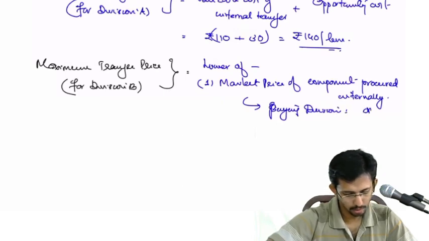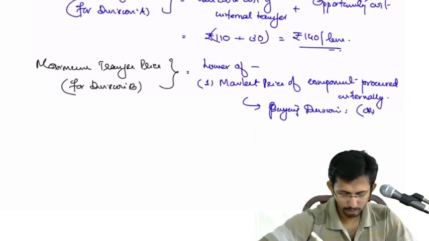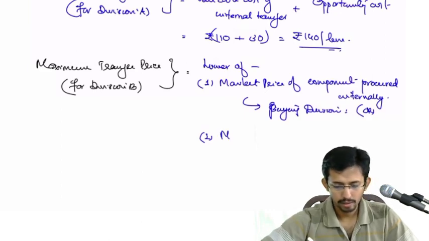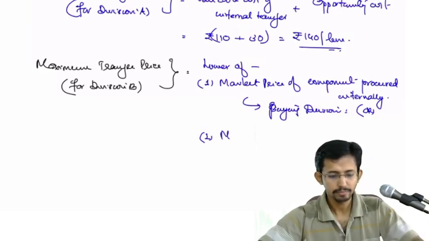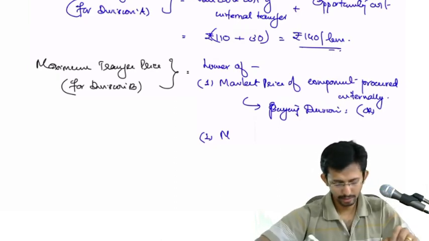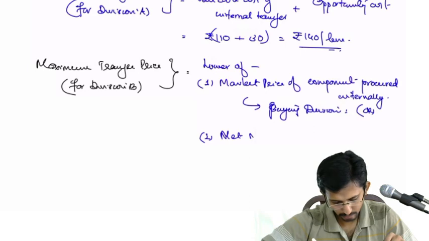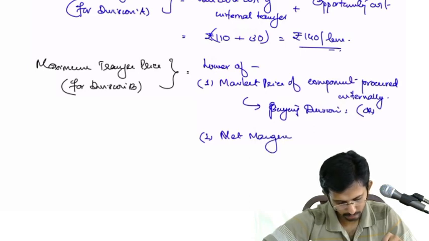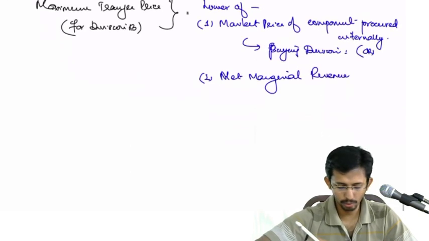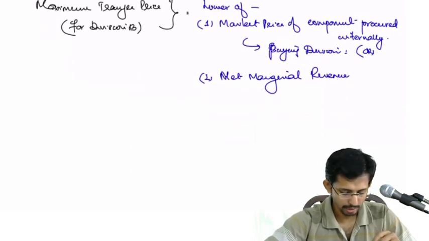Or two, the net marginal revenue, or NMR. We have already seen the formula for how to compute this net marginal revenue.